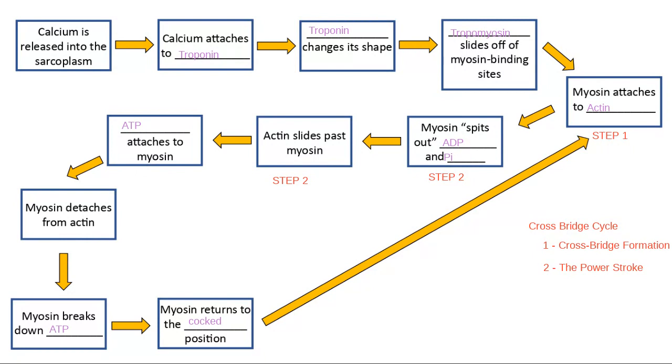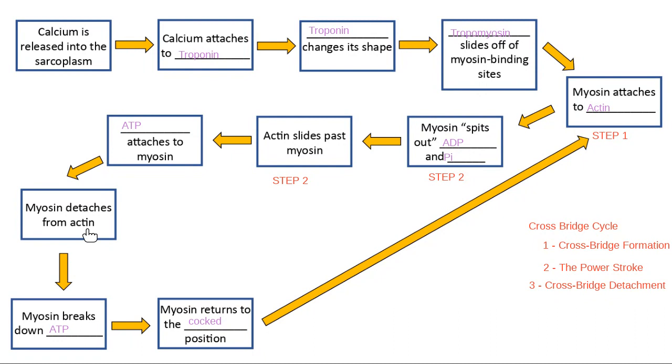What was step 3 of the Croxbridge cycle called? Step 3, and this one's a longer one to type again. Step 3 is cross-bridge detachment. When myosin detaches from or lets go of actin.